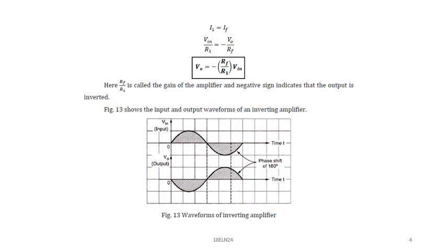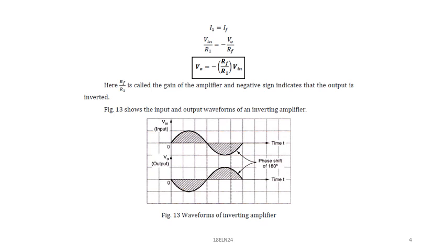So this is the derivation for an inverting amplifier, where V0 is equal to minus RF by R1 into Vin, and this RF by R1 is called the closed loop gain, denoted by ACL. It is given by RF by R1.